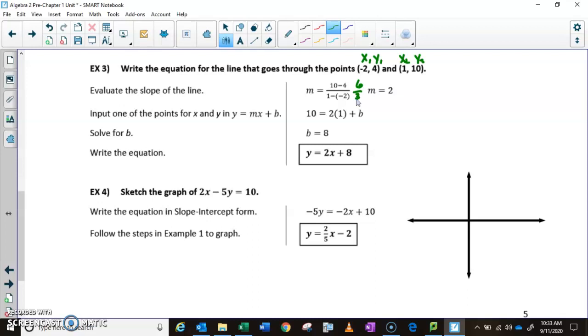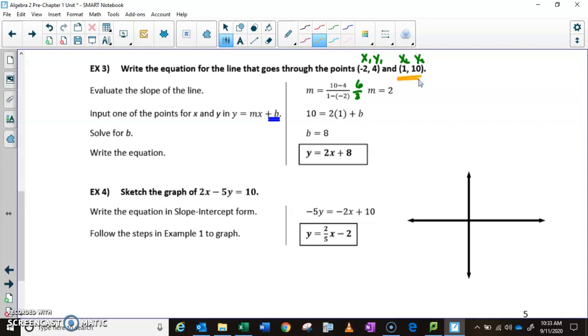We can substitute into the equation y equals mx plus b, and solve for the value of b. So we are going to choose one of the two given points and substitute into the rest of my equation. The x and the y come from the ordered pair, and in this case, I'm going to choose the second point because I like to choose the positive points, not the negative ones, since the x1 in the first coordinate is negative.